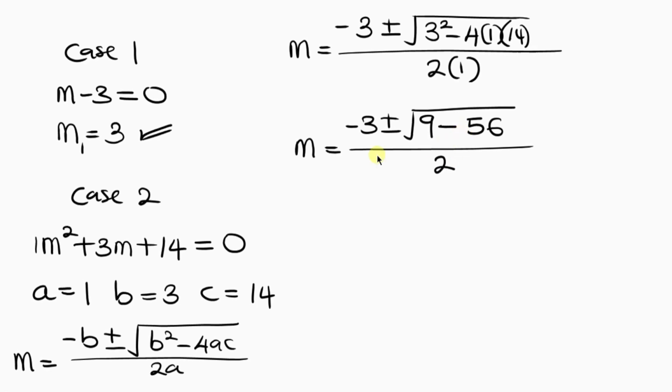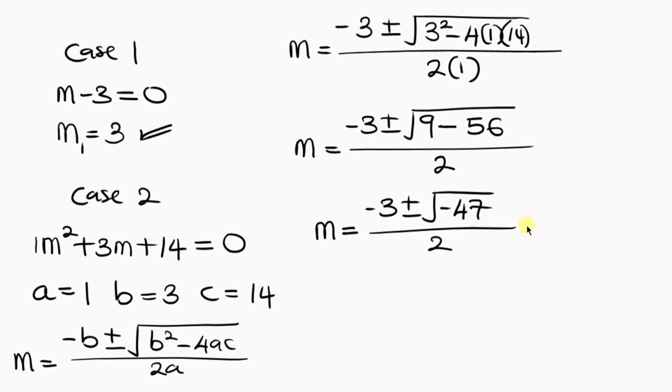And then simplifying further, m will be negative 3 plus or minus the square root of 9 minus 56, which is actually negative 47. Very good. All over 2. Now our next step will be for us to simplify this negative 47 inside. This is negative 3 plus or minus the square root of negative 47, which is the same as negative 1 times 47.